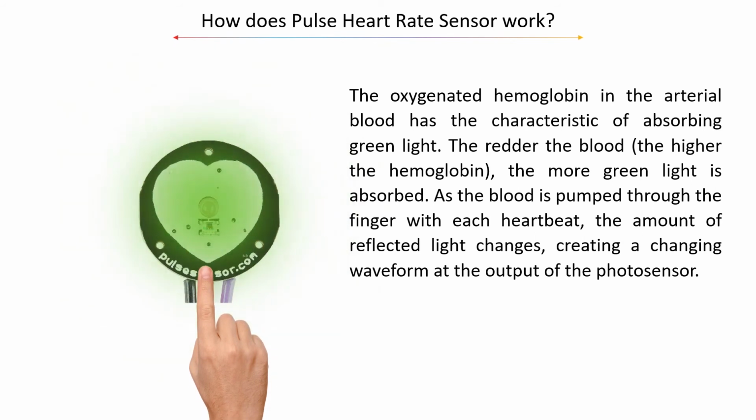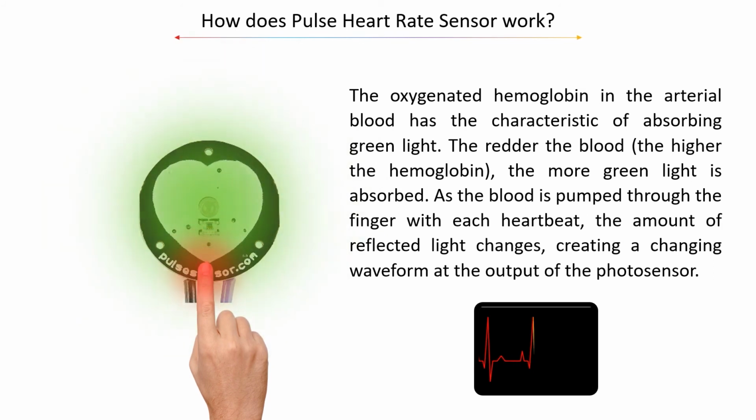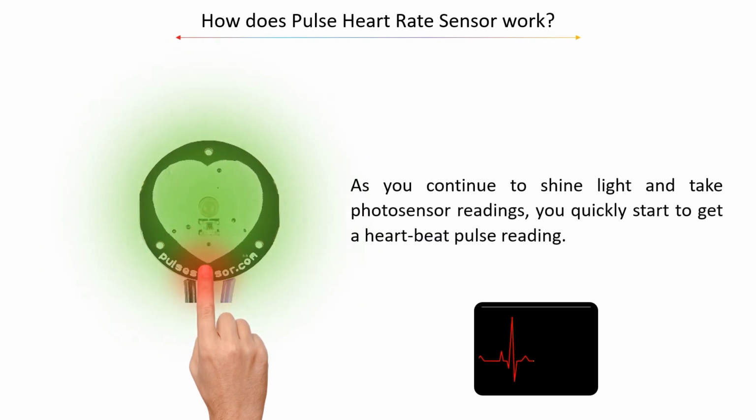The redder the blood, that means the higher the hemoglobin in blood, the more green light is absorbed. As the blood is pumped through the finger with each heartbeat, the amount of reflected light changes, creating a changing waveform at the output of the photosensor. As you continue to shine light and take photosensor readings, you quickly start to get a heartbeat pulse reading.